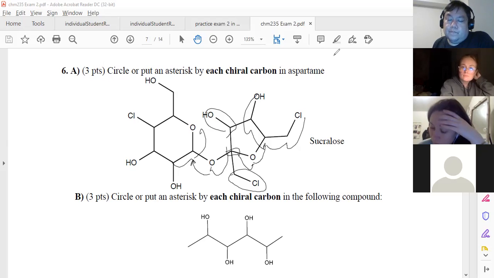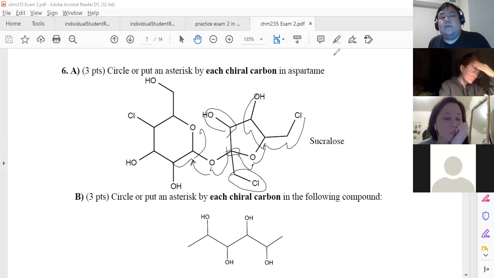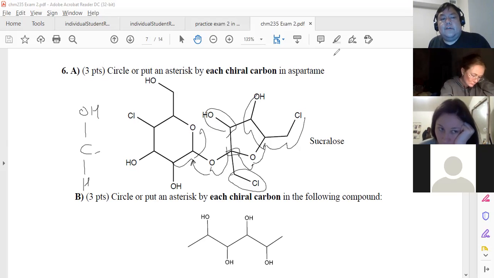Imagine, this is a thought exercise. Imagine you had a carbon and you had an OH and an H. To the right, you had 1 million carbons.